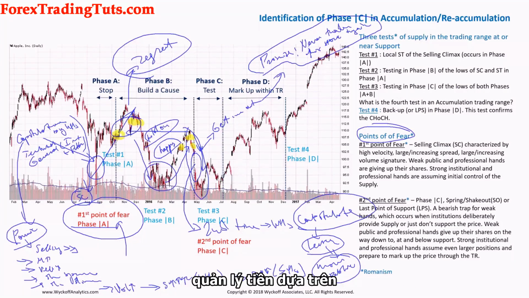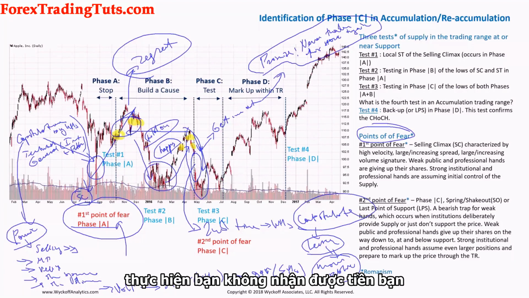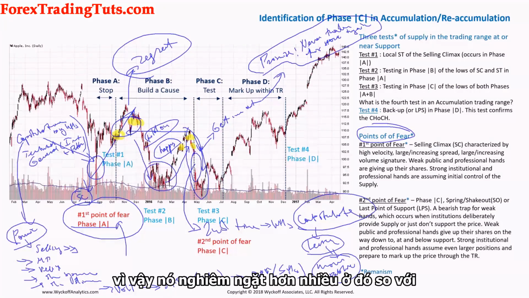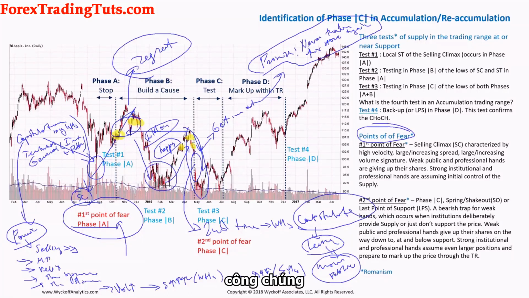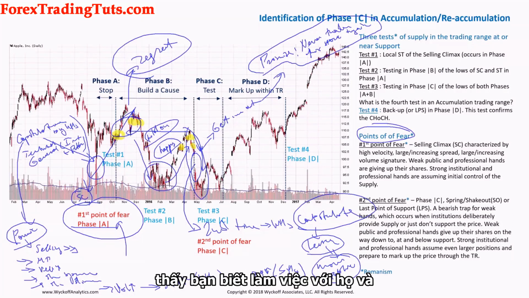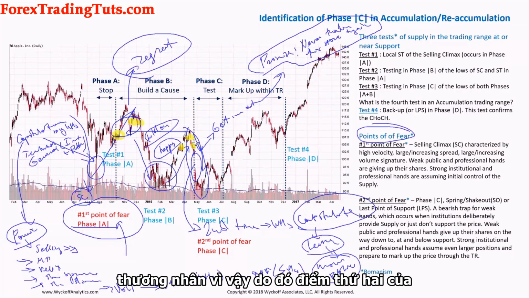Money management is based on the performance matrix. So if you don't perform, you don't get the money, you don't get the salary, you don't have a job. So it's much stricter there than with the public. So therefore, the institutions hopefully learn much faster, at least from what I see, working with them and working with public retail traders. So the second point of fear is going to be more associated with the public than with institutions.